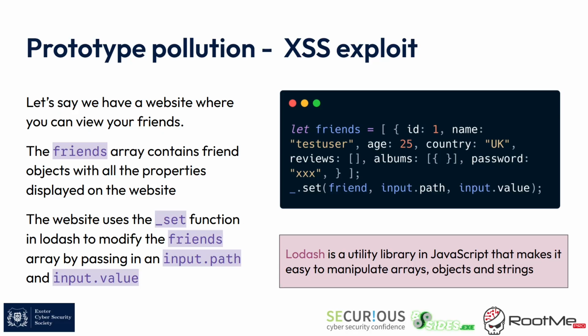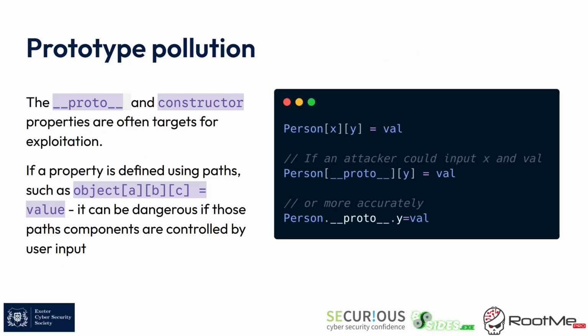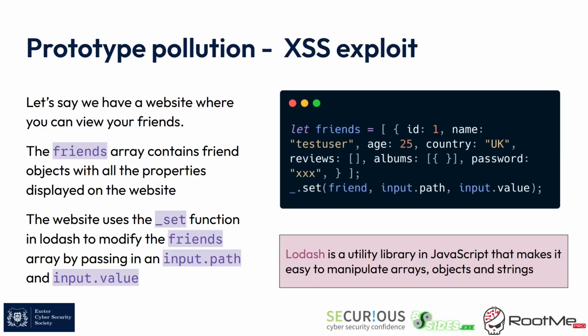So if you look back to the example from the last slide, the path of attack here is if an attacker can control x and val, which is if they can control the path to the object and also the value which would be assigned to it. The example here is showing how that looks in practice.